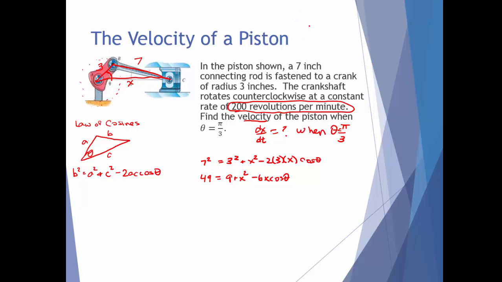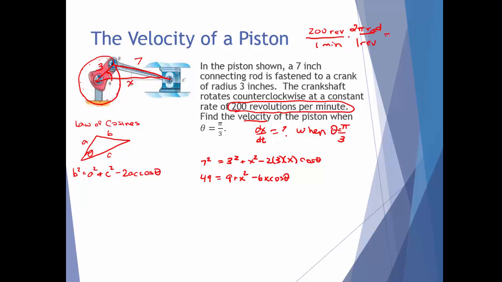What we know is that 200 revolutions occur per every 1 minute. And we want to be able to talk about this in terms of radians. So what is the relationship between a revolution and radians? Remember, this is a circle. So if you have 1 revolution, how many radians does that complete? Well, it's 2 pi. So in order to convert this, all we have to do is keep in mind that 1 revolution is equal to 2 pi radians.